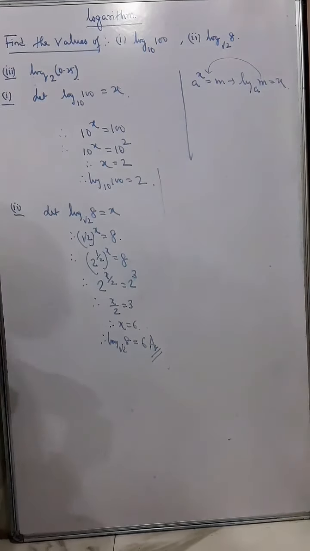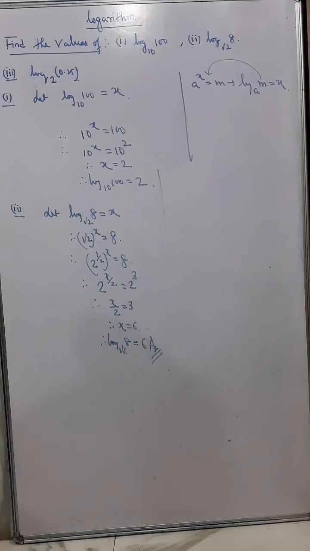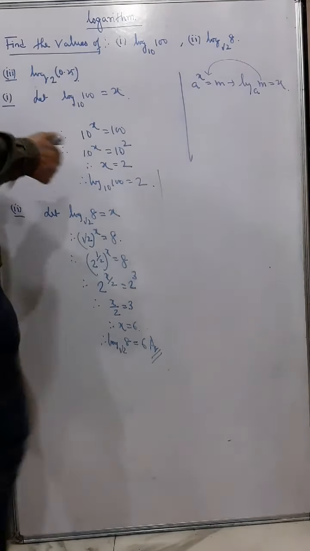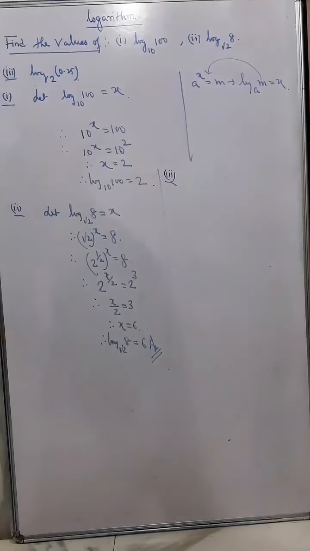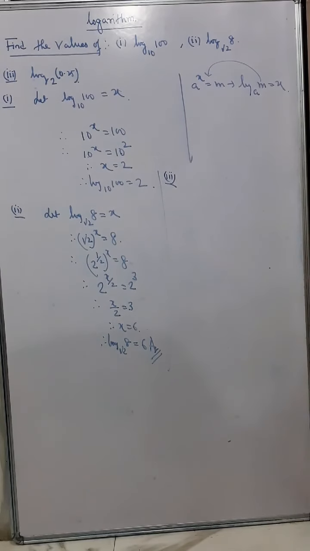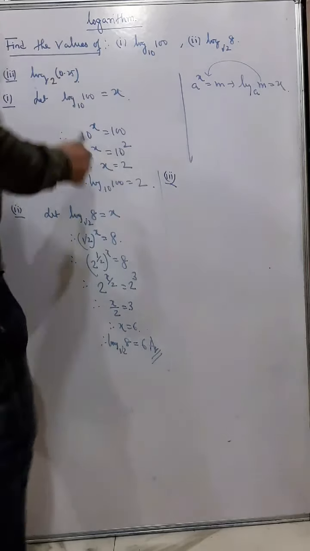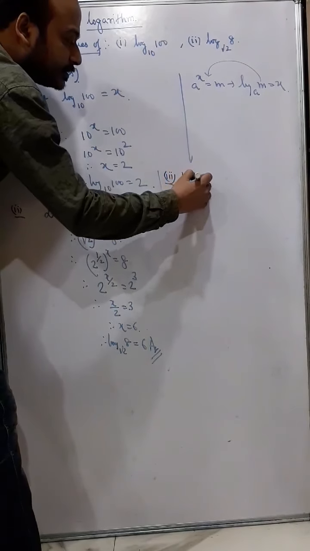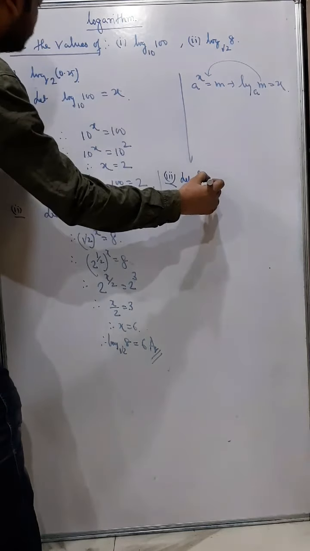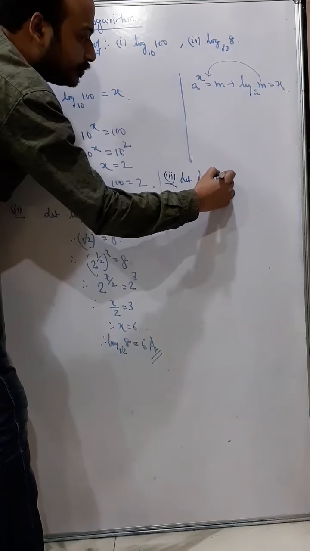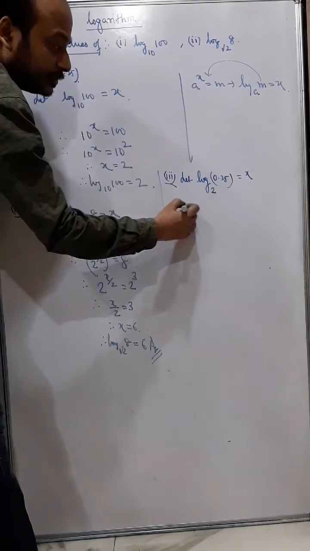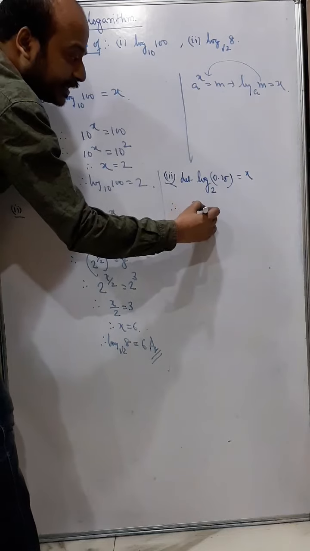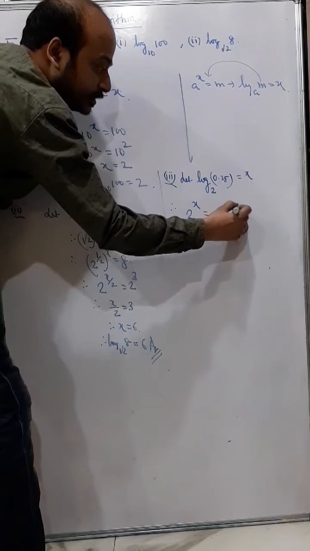Understand? Now similarly, the last one also you can see. Here also you can start. Let log base 2 of 0.25 equal x. So I got 2 to the power x is equal to 0.25.